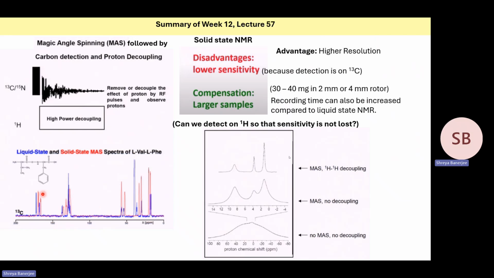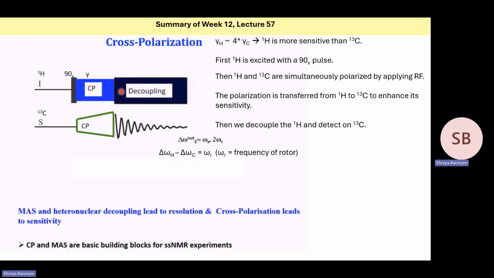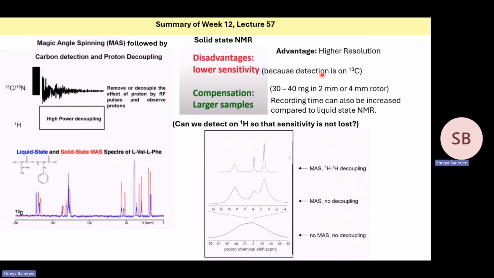Just one second before I come to that. So if you include magic angle spinning, you will get higher resolution. You can see the resolution of the solid state is almost equal to that of the solution state NMR. The disadvantage is still that it is lower sensitivity because you're detecting on 13C. You can compensate this to some extent by doing the cross polarization pulse sequence so that you increase the sensitivity of the 13C detection.